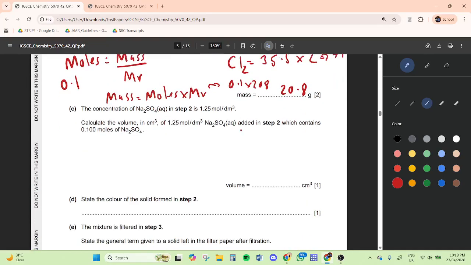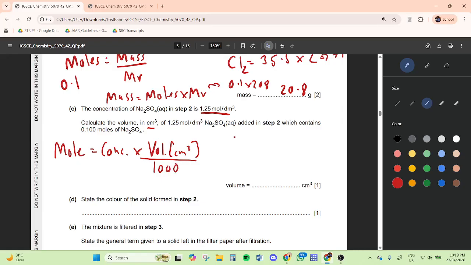The concentration of sodium sulfate in step 2 is 1.25 mole per dm cube. Calculate the volume in cm cube of 1.25 mole per dm cube of sodium sulfate added in step 2, which contains 0.1 moles of sodium sulfate. So again, we're going to use the molar formula, which is moles is equal to concentration times volume, and since it's in cm cube, this is going to be divided by 1000.